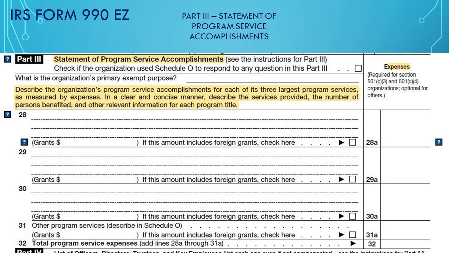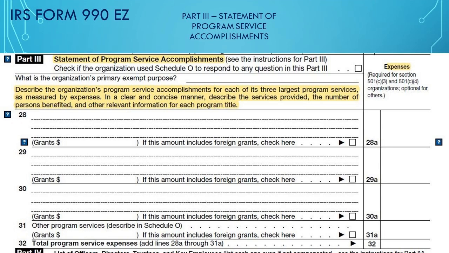What are the types of programs you operate? And then also describe with whatever details you have who you're serving. How many households or families are you serving? If you have programs that focus on children, then perhaps you can identify the number of children you're helping and describe the character of these programs, if they take place a few times a year, or just whatever detail you can.